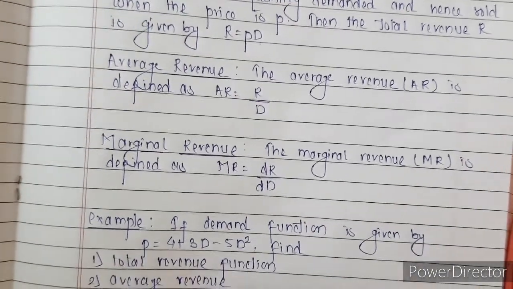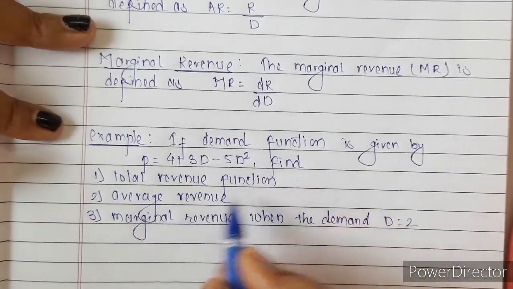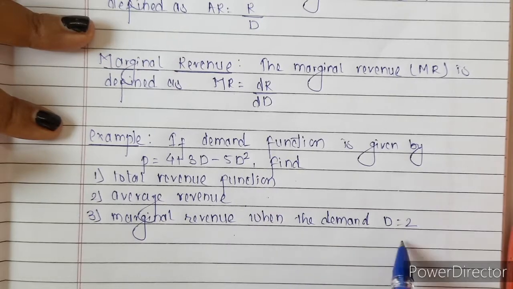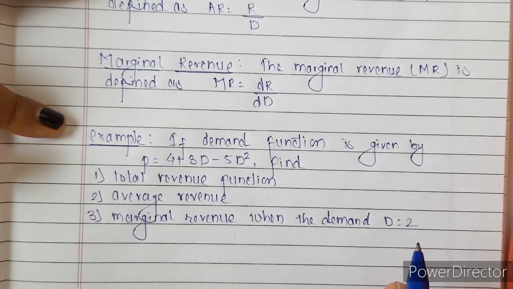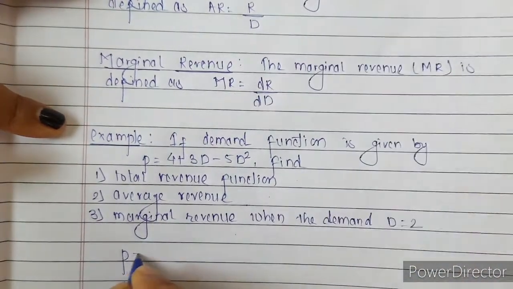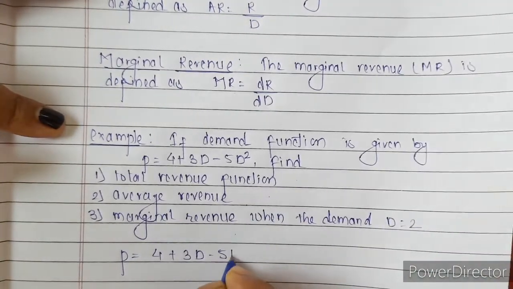Let's look at this example. If the demand function is given as this, we need to find the total revenue function, average revenue and marginal revenue when demand is given as 2. So let's start with total revenue. The demand function is given as 4 plus 3D minus 5D square.